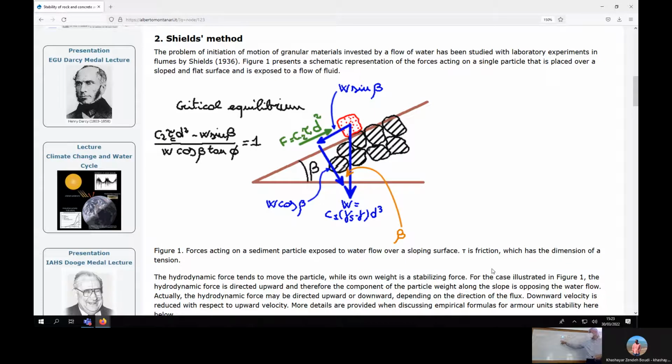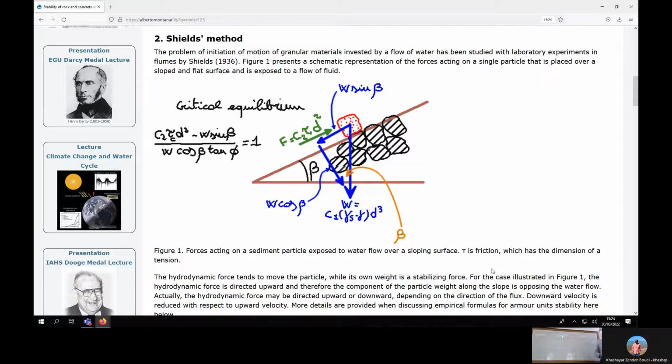This forcing is proportional to what? To the dimension of the area invested by water, and to the shear stress, which is force per unit area, a tension. And then there is a coefficient that, as I said, depends on the shape of the particle.